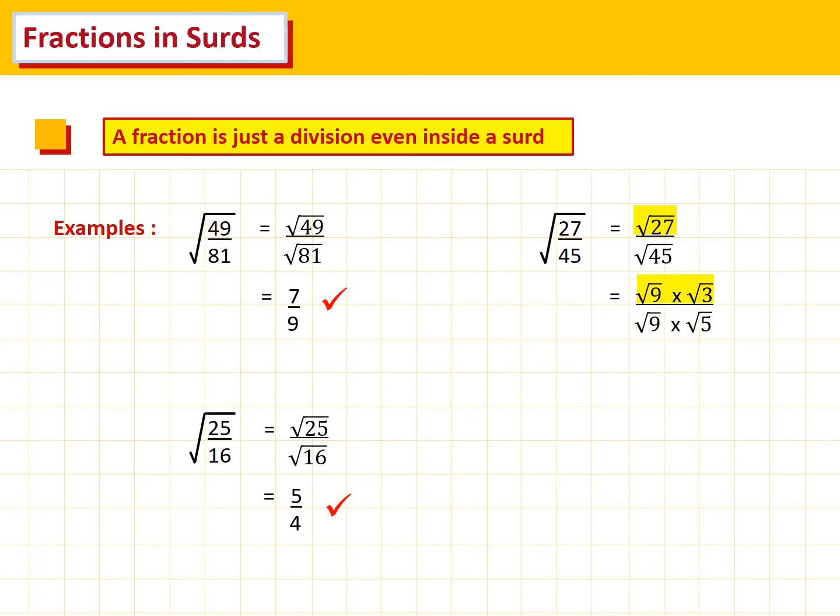There we can see it, and in the denominator, there we can see it. And in our fraction, we can cancel down the square roots of 9. So our final answer will be root 3 divided by root 5. So look out for those questions where you can simplify the surd further and then it may cancel down.